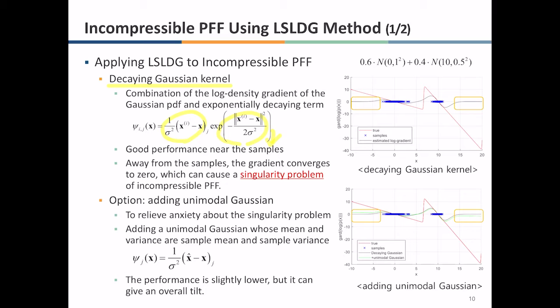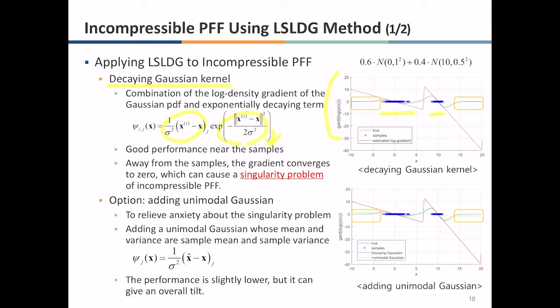The figure on the right is the result of performing LSLDG, to which this kernel is applied using samples extracted from a Gaussian mixture with two modes. Here, blue dots represent the samples, the black line represents the true value, and the red line represents the estimated model. As you can see, it shows good performance near the samples.